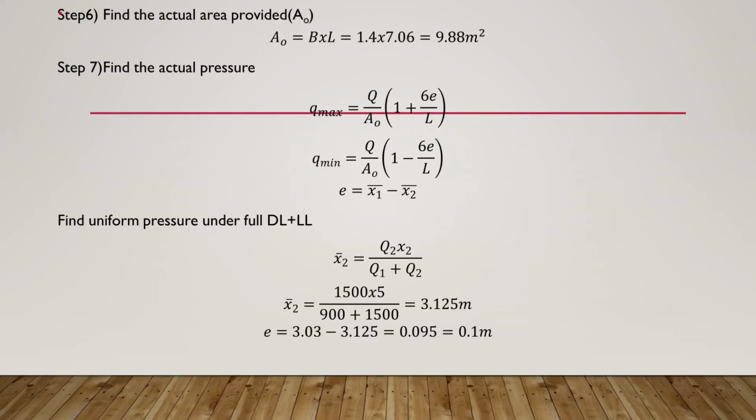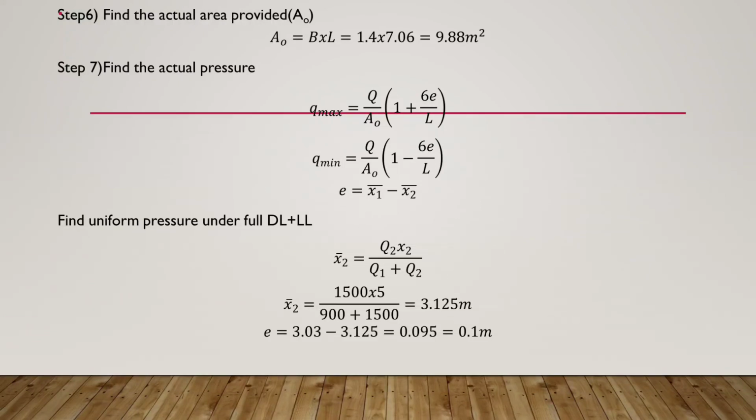Next step is to find the actual pressure, that is Q max equal to capital Q divided by A naught into 1 plus 6E divided by L. And Q minimum is capital Q divided by A naught into 1 minus 6E divided by L. Here we are considering full dead load and full live load acting on that dimension. So x2 bar equal to q2 x2 divided by q1 plus q2.